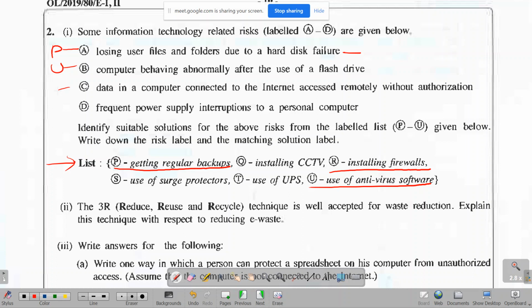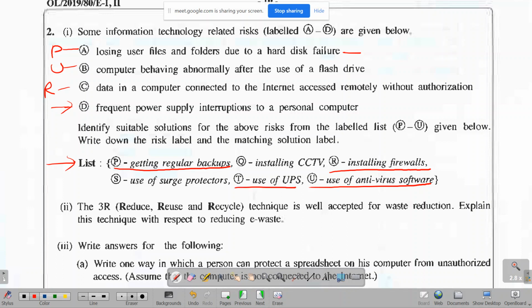So C, it is R. And D goes with UPS, right?